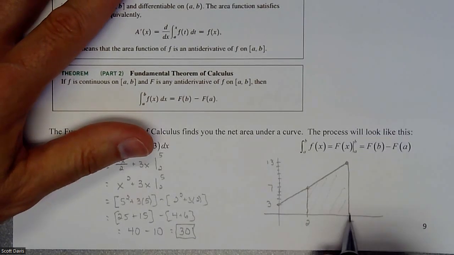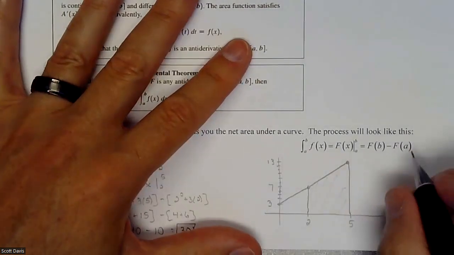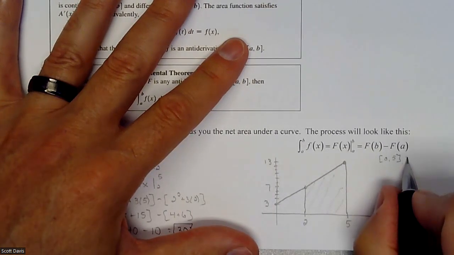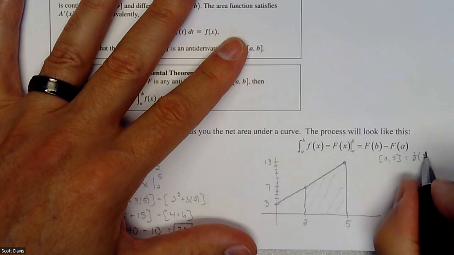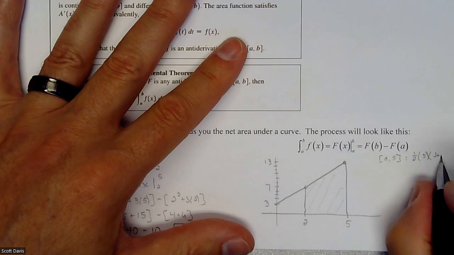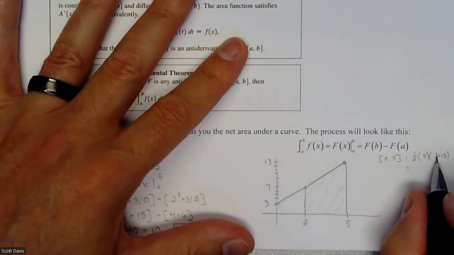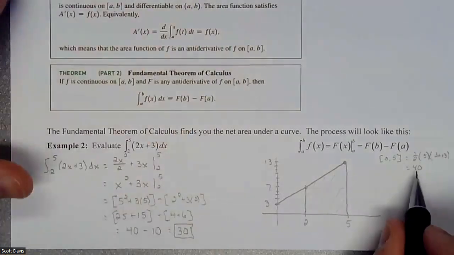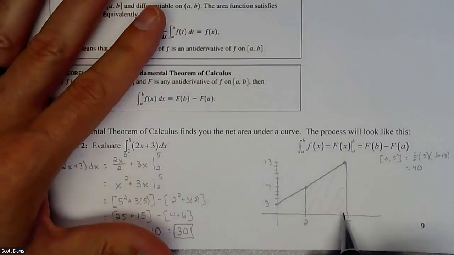If you do 0 to 5 and plug in these heights, we'd have 1/2, the height would be from 0 to 5, and the bases would be 3 plus 13. If I did all that math, I have 16. Half of that is 8, times 5 is 40. So it's not a coincidence that that's that value. That value represents the area from 0 to 5, but that's too much.